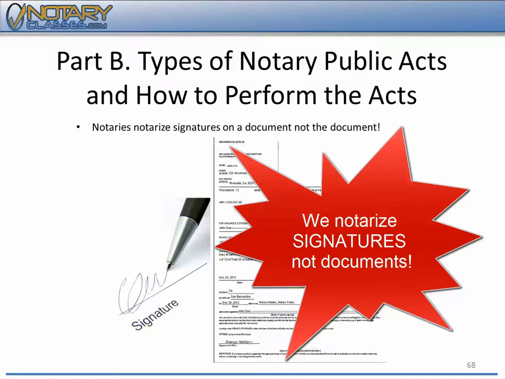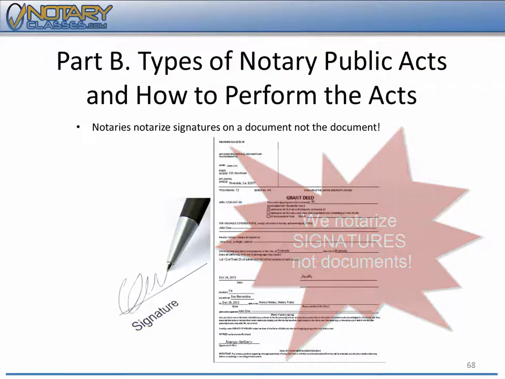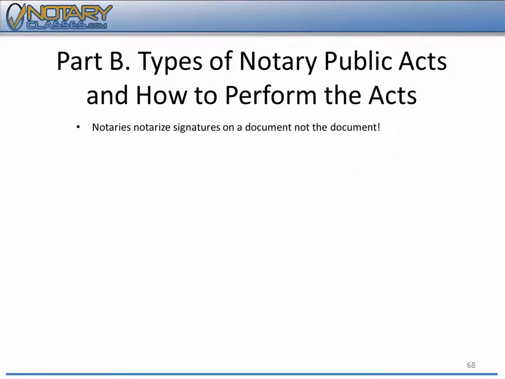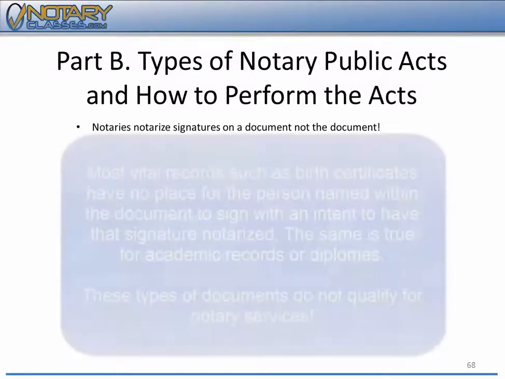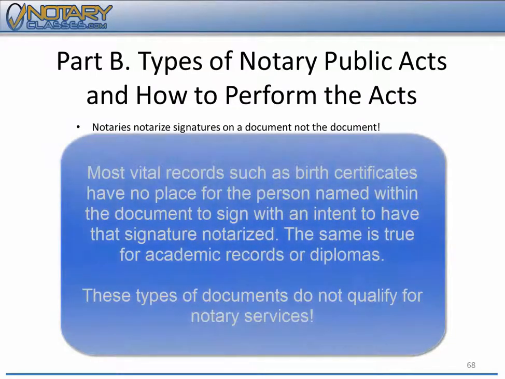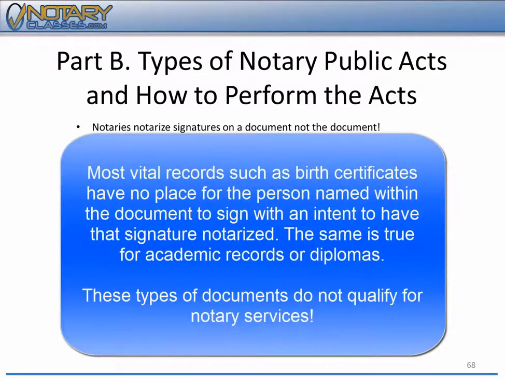In the previous example I just gave you, let's say a client brings an academic record or a birth certificate to a notary and wants these documents notarized. However, now you understand that since we don't notarize documents but signatures on documents, you should be able to easily see why you cannot simply place your notary seal on that type of document.